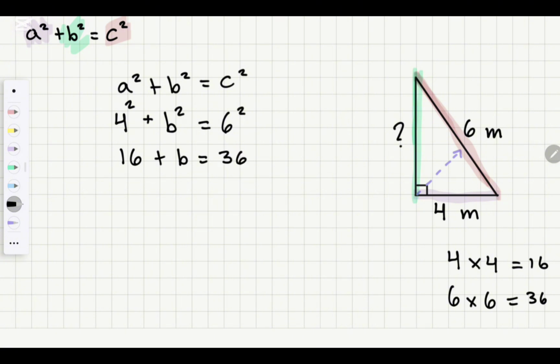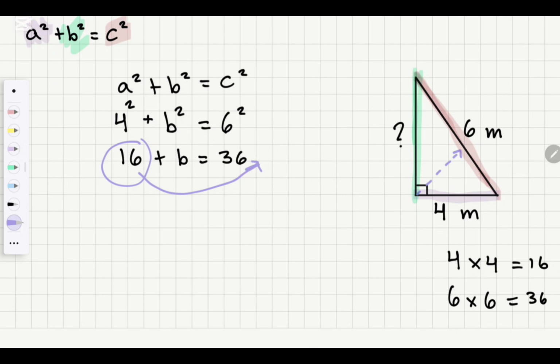Okay. So now when we were solving for the hypotenuse, we added together our a and our b. Obviously, we can't do that in this equation because we can't add 16 plus b. That would be weird. So what we have to do is bring our 16 all the way over here.